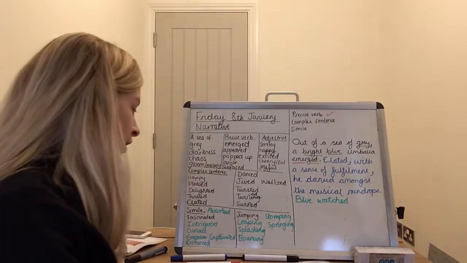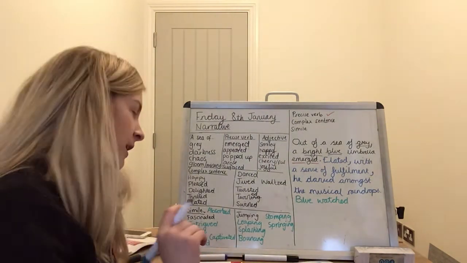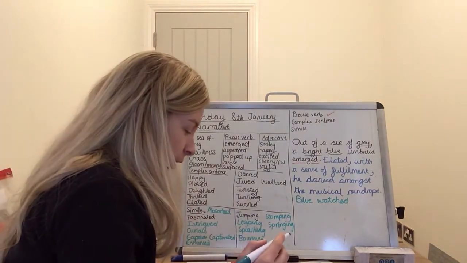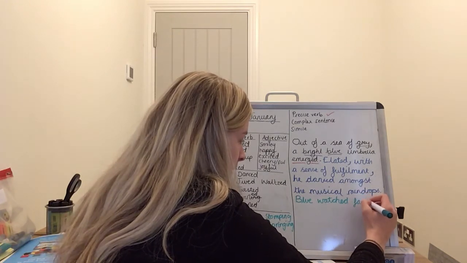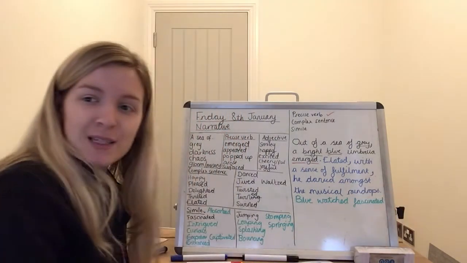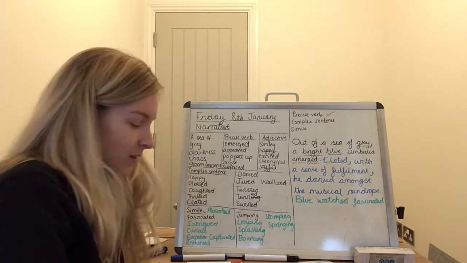Blue watched. Here comes our word for fascinated. You might write here absorbed, intrigued, curious. Blue watched, fascinated. Really tricky spellings in these ones, Miss Palmer. Goodness me, try hard with those spellings, okay?